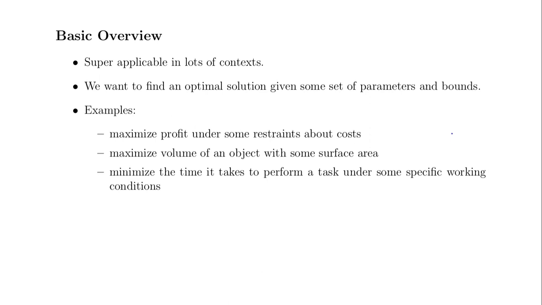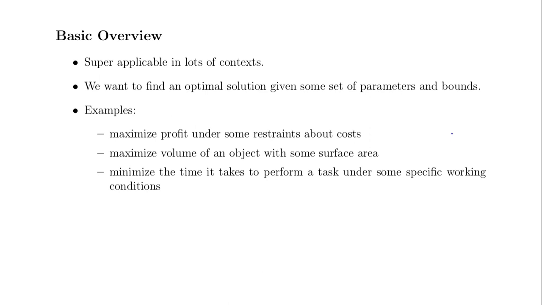So here are some examples. Maybe we're trying to find a way to maximize the profit under some restraints that we have about costs and manufacturing abilities and stuff like that. Or maybe we're trying to manufacture some object and we have a fixed amount of material to create it. So we have some sort of fixed surface area and we want to maximize the volume of it. Maybe we're trying to create some sort of a box or something like that that holds the most space.